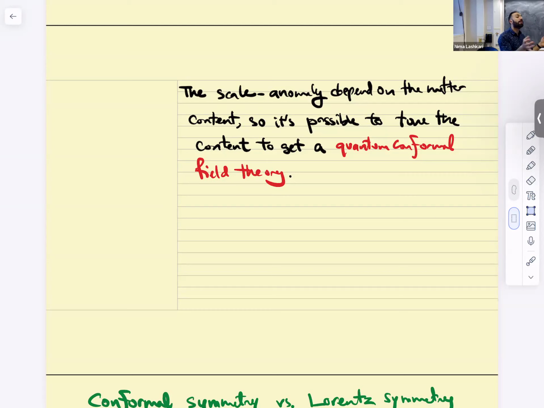If you have a way of understanding non-trivial fixed points, then you could just organize your operators, deform them, and do what is called conformal perturbation theory. That's what we're going to move towards. But before that, we have to understand what conformal field theory is, and can we construct conformal field theories that are not free? This is the program.